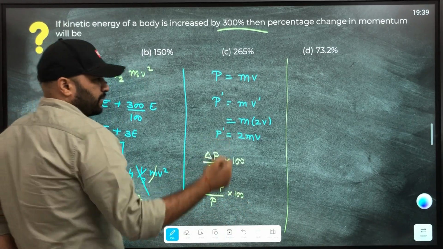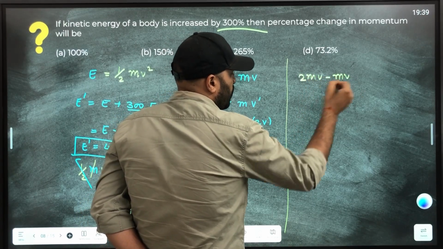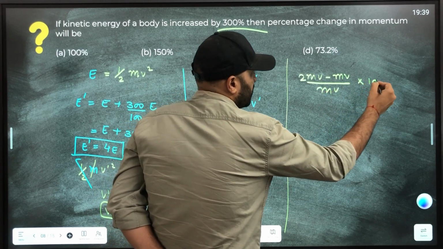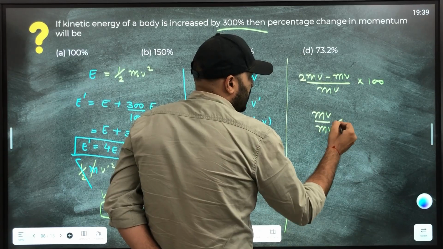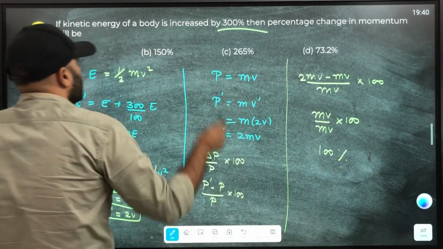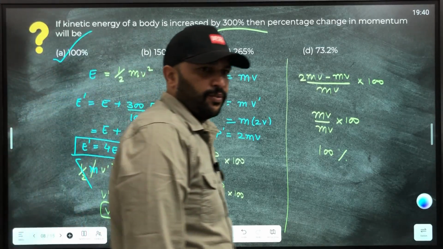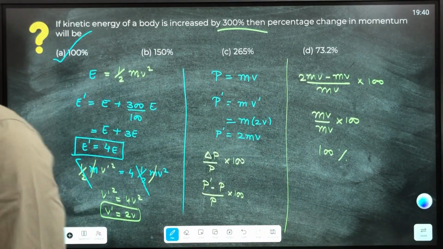Now what is the final momentum? 2mv. So 2mv minus mv, whole divided by mv, into 100. This equals mv upon mv into 100, which is 100%. So the correct answer for this is 100%, option A. I hope this is clear. So how much percentage of momentum is changed? 100%. Let's see the next question.